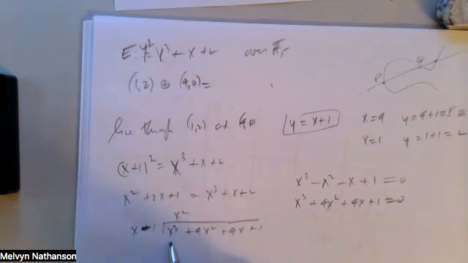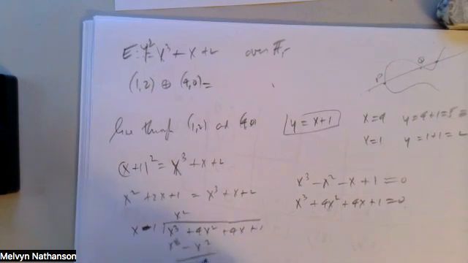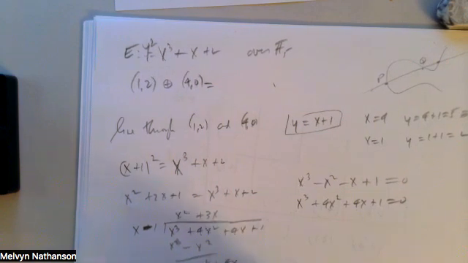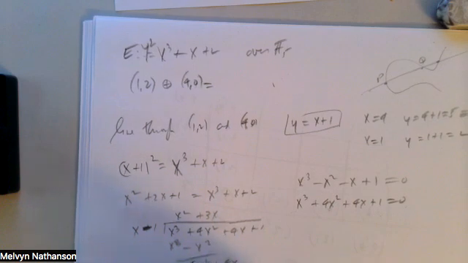This goes in x squared times: x cubed minus x squared, difference 5x squared, which is 0.